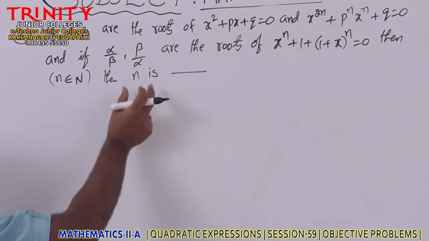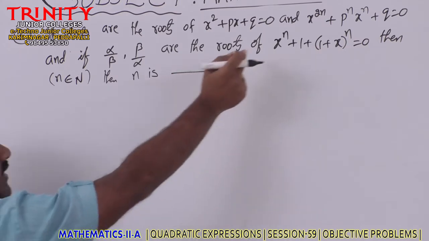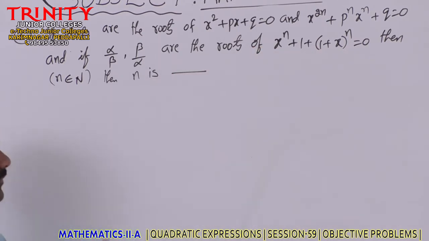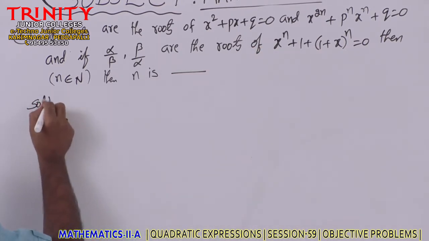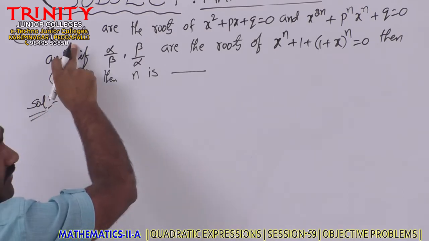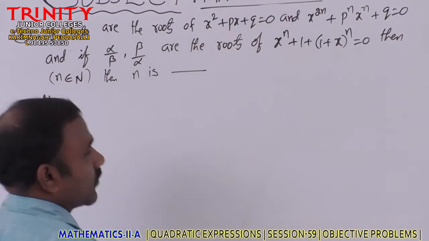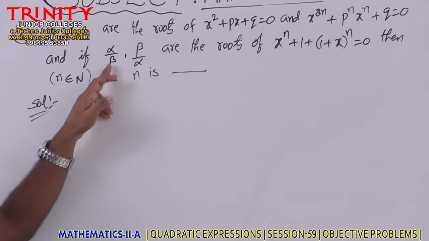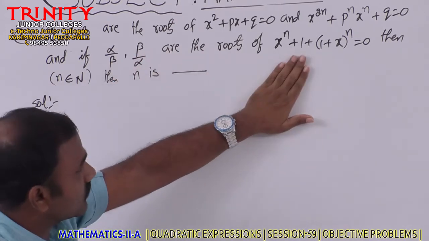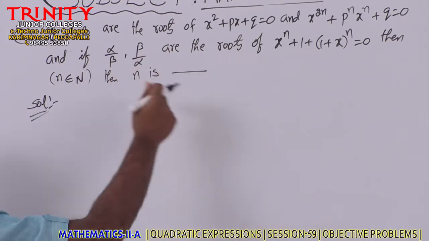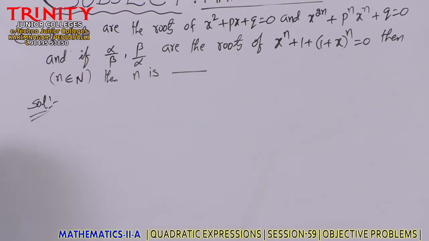That's what he wants to conclude. Solution. By using this condition, alpha, beta are the roots of this one and this one, and alpha by beta, beta by alpha are the roots of this equation. Then we have to find which type of number n is, whether it is an odd number or an even number.